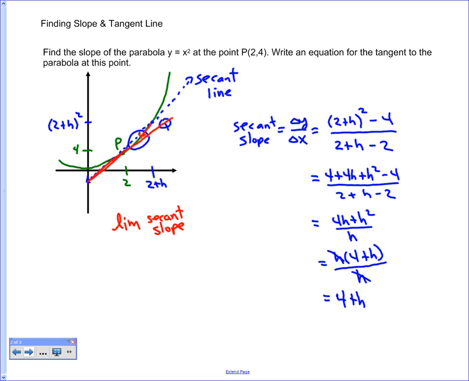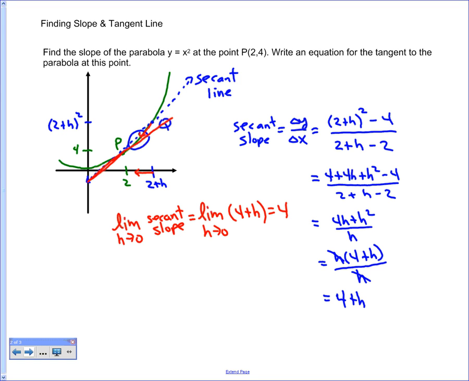What's the secant slope approaching as the h value approaches 0? Because as Q moves closer to P, 2 plus h is moving closer to 2, and that only happens when h approaches 0. So we're looking at the limit as h approaches 0. In this case, the secant slope is 4 plus h, and that limit turns out to be 4.